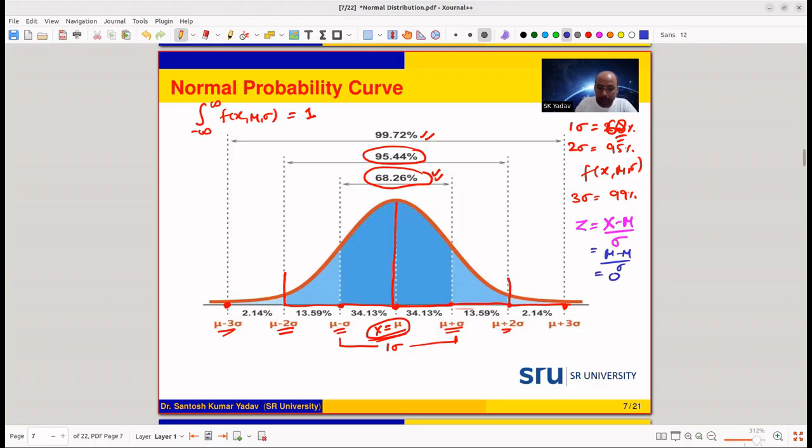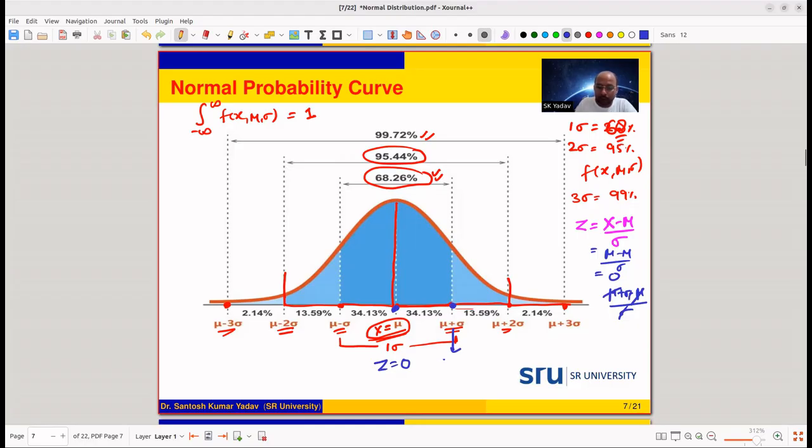So at this point we have Z equal to 0. If I go to the right side, the corresponding point is x equal to mu plus sigma. So I put mu plus sigma minus mu, the mu and mu cancel, divided by sigma.